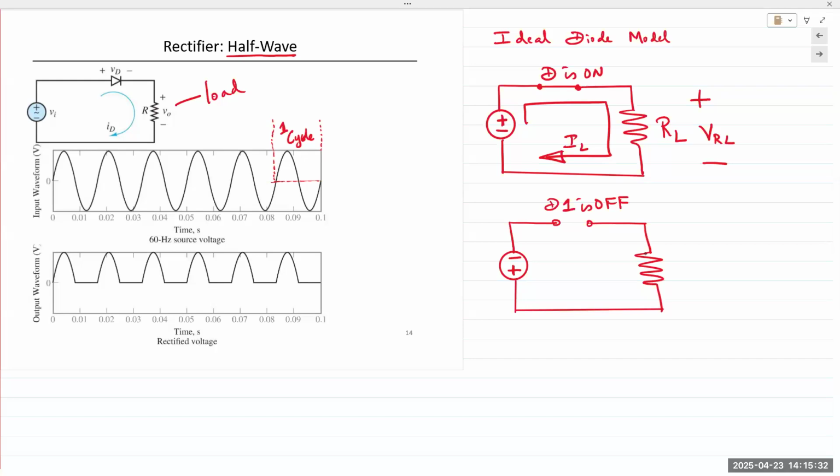So in the positive half cycle, the output voltage VRL, let me just write down VO, output voltage, is equal to the input voltage V in. Whatever you apply at the input is obtained at the output.